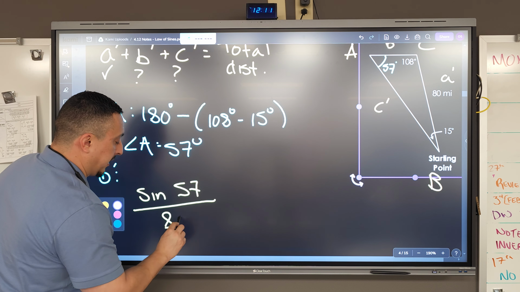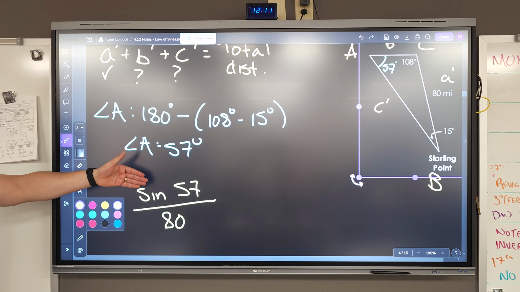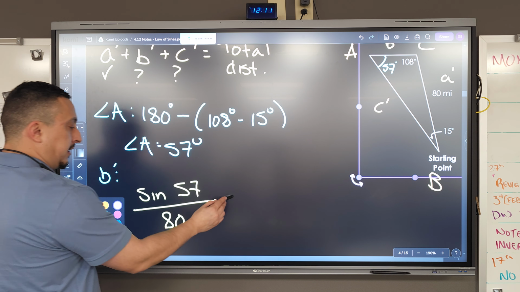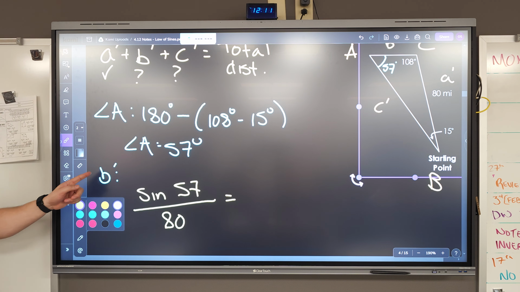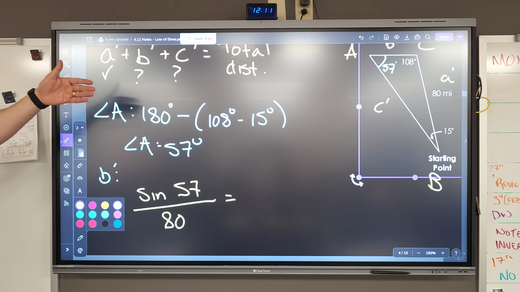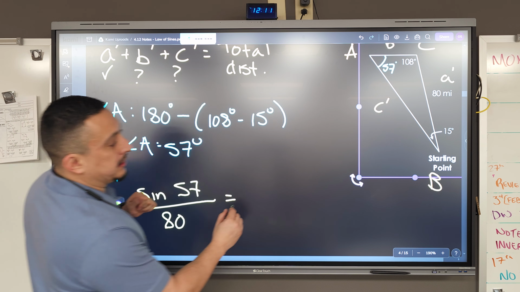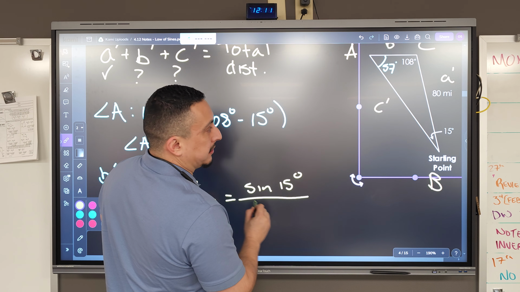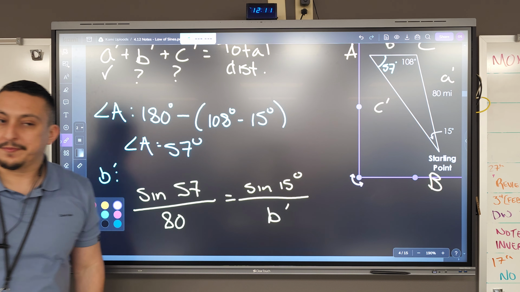Side A is 80, right? Angle A, side A. And then, since I'm looking for B, I'm going to use the B one. So angle B is 15 degrees, and I don't know side B.